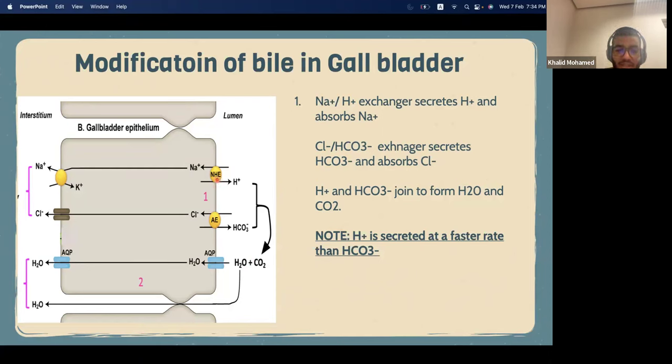So let's say that 10 hydrogens are being secreted and 5 bicarbonates are being secreted. 5 of the hydrogens will join with the 5 bicarbonates and form water. The rest of the hydrogens will stay there in the lumen, and therefore this will lead to bile becoming acidic.